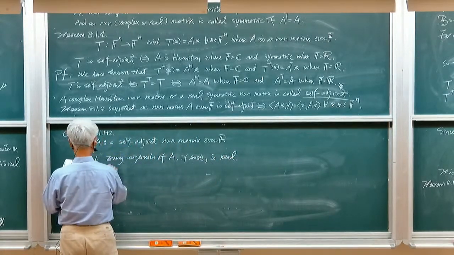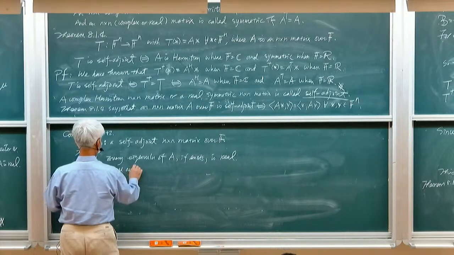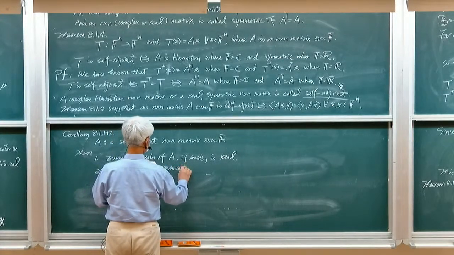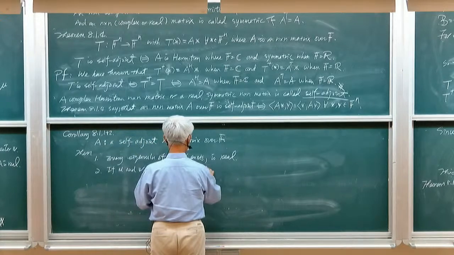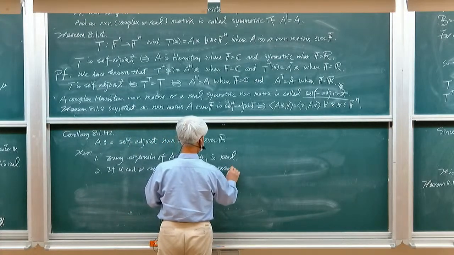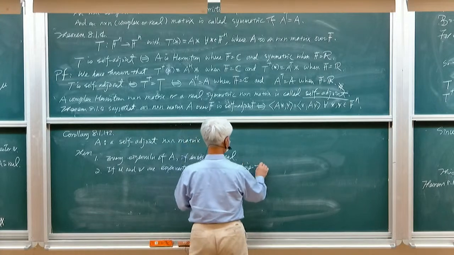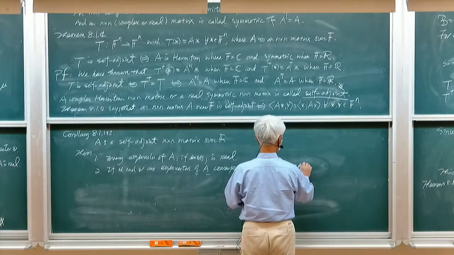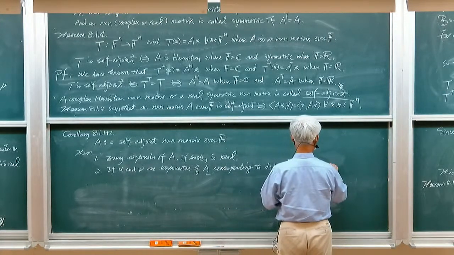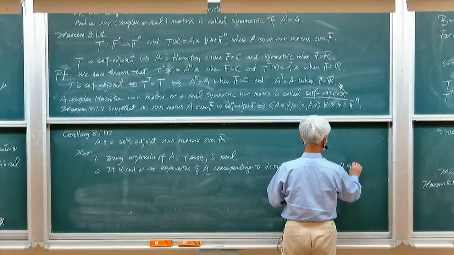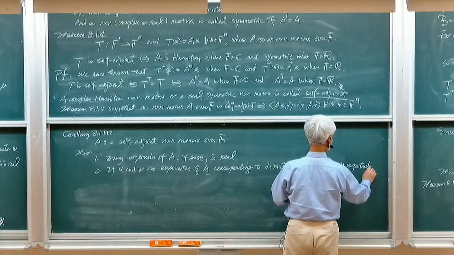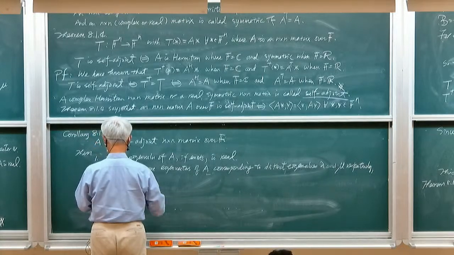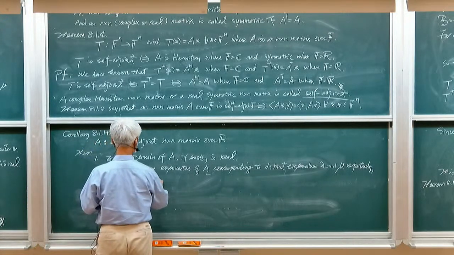Second, if U and V are eigenvectors of A corresponding to distinct eigenvalues lambda and mu respectively, then U must be orthogonal to V in the Euclidean space.